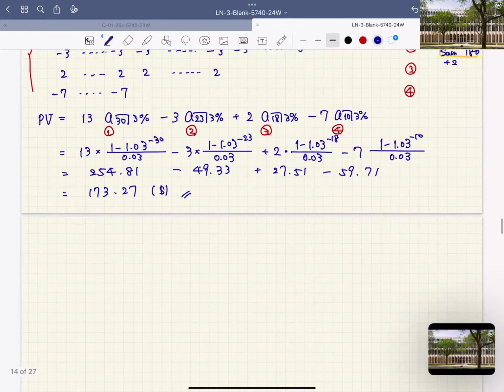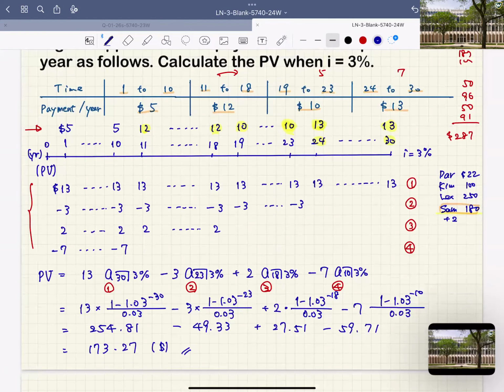So the whole point is that we want to use the annuity immediate formula. So everything should start at t is equal to 1, right? The annuity immediate formula starts at the same time point. So we want to make these 4 cash flows, 1, 2, 3, 4, all start at t is equal to 1.